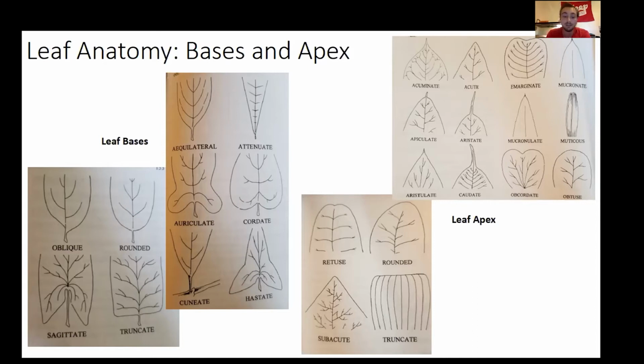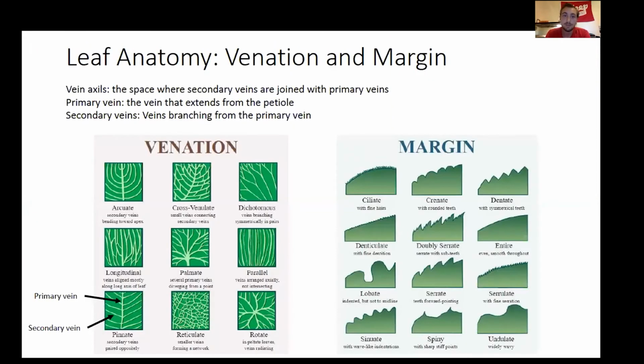In our venation and margin, I just wanted to remind everyone what a primary versus secondary vein is. The primary vein is the vein that extends from the leaf stem and is branched with secondary veins. And when the secondary vein is branched from the primary vein, it creates a vein axil. But today, all of our trees have palmately veined leaves.